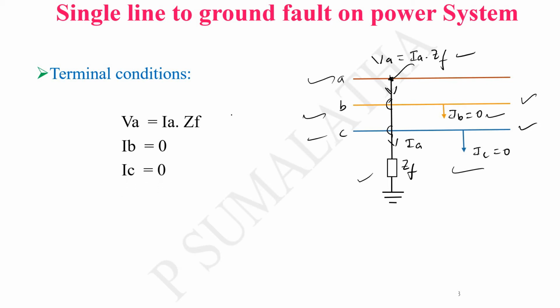By using these terminal conditions as usual, as you have done the derivation for the unsymmetrical fault with respect to the synchronous generator through fault condition, the derivation is similar to that. All three derivations, single line to ground fault, LL and LLG fault, you can follow the respective derivations for SLG, LL and LLG fault in the through fault condition.